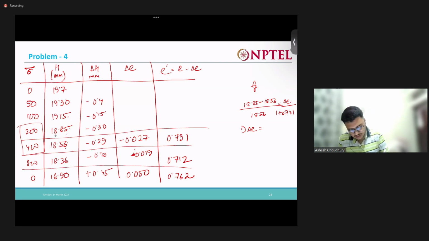Are you getting this one? Minus 0.027 or plus 0.027 is coming, right? So 0.731 plus 0.027, we will get 0.758.